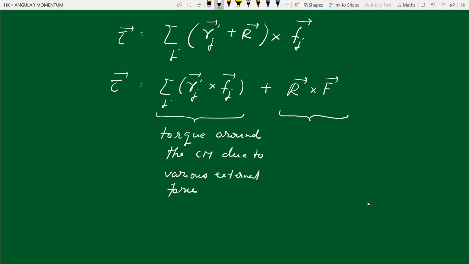Now what is the second term? The second term is the torque on the center of mass due to the total external force.